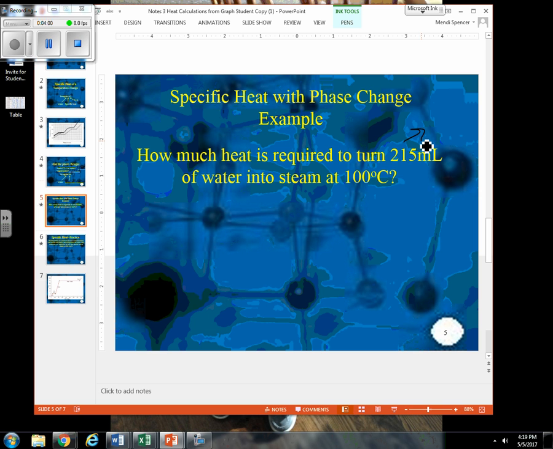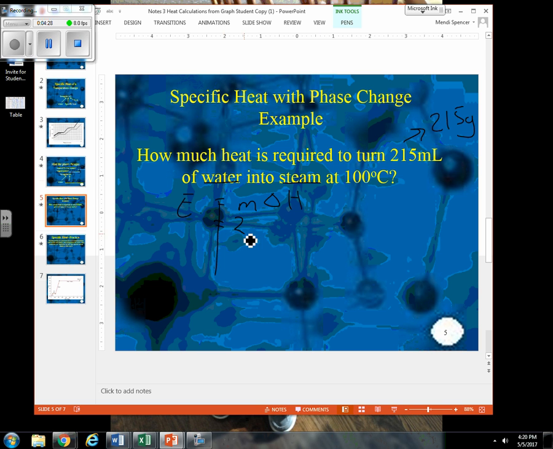So we're lucky here. If you have 215 milliliters of water, that means we have 215 grams of water as well. Working with that, we have energy equals m delta H. We are using the m delta H equation because this is a phase change. We're going from liquid water into steam.